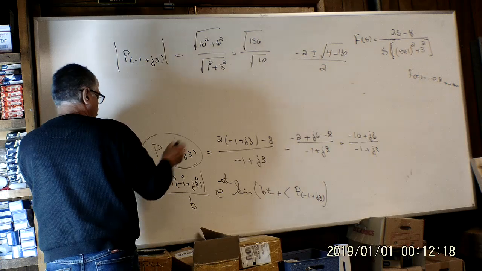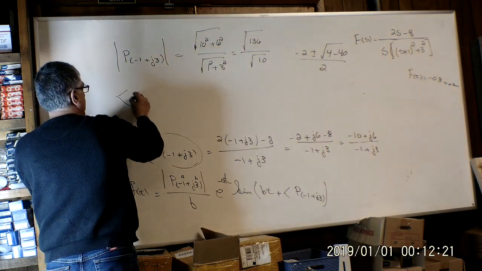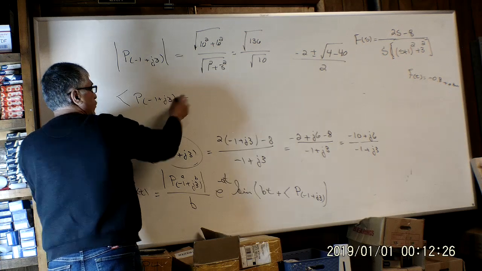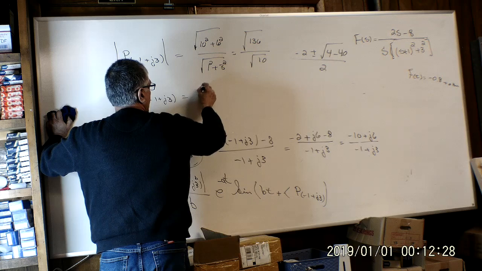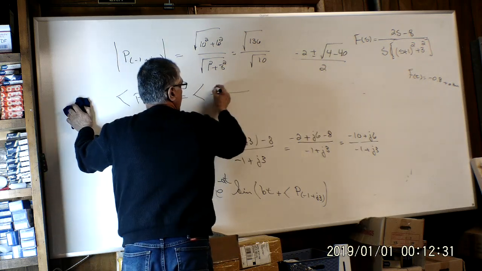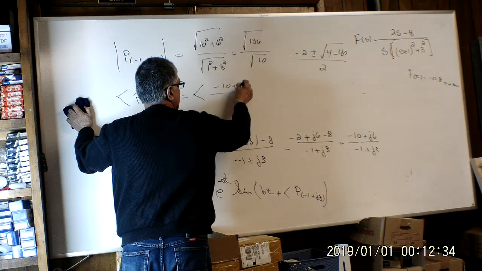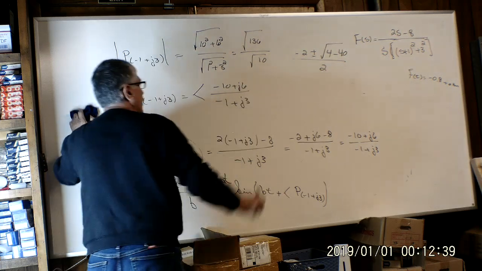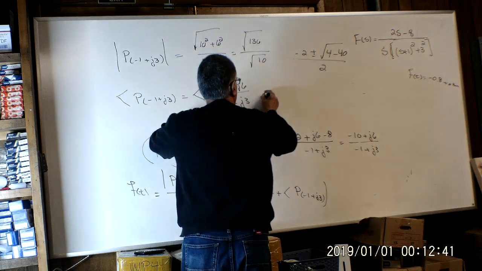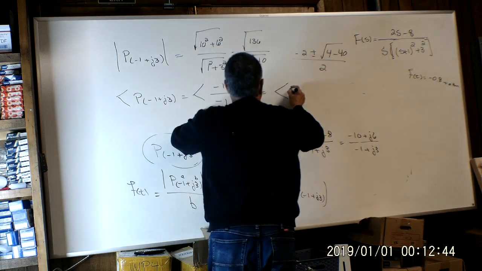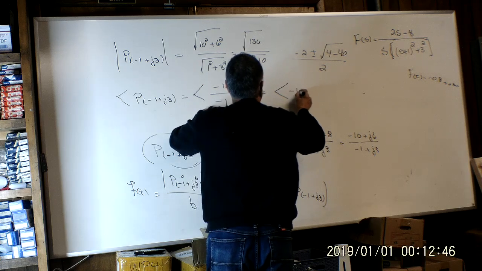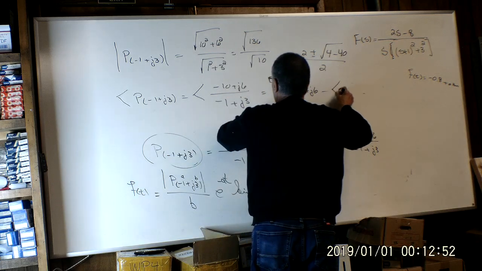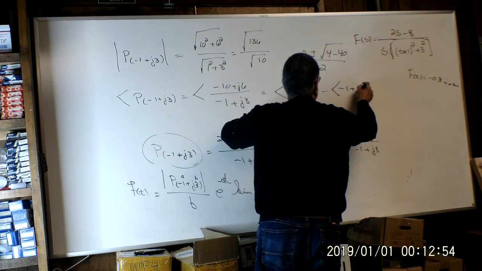So the argument of p minus 1 plus j3 will be equal to the argument of minus 10 plus j6 divided by minus 1 plus j3, which will be equal to the argument of minus 10 plus j6 minus the argument of minus 1 plus j3.